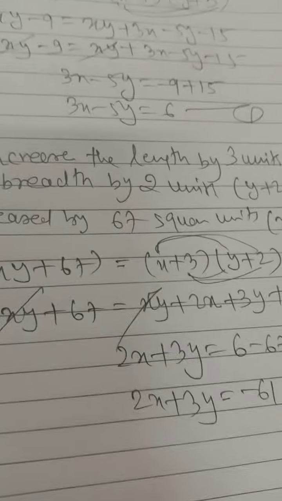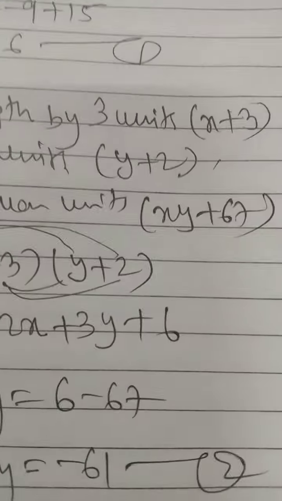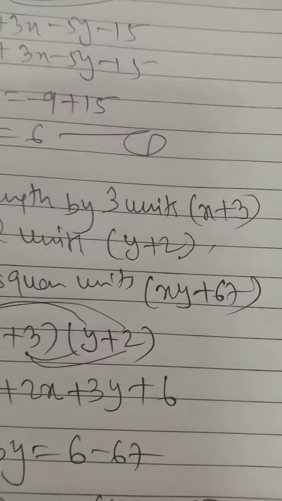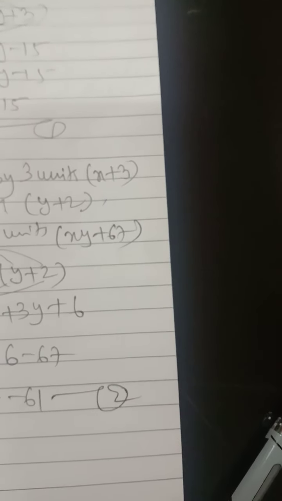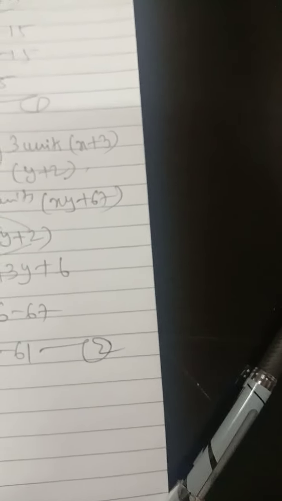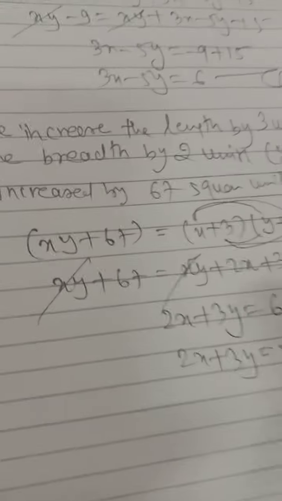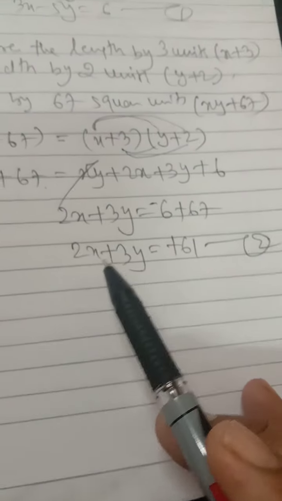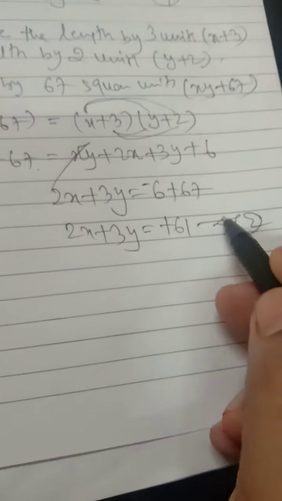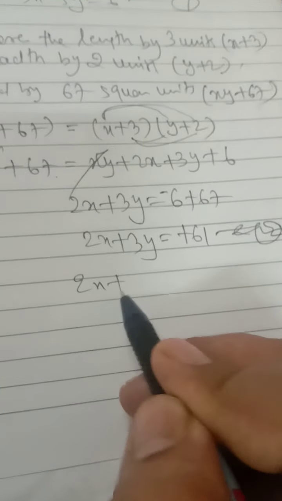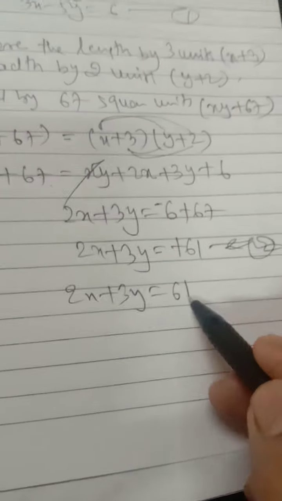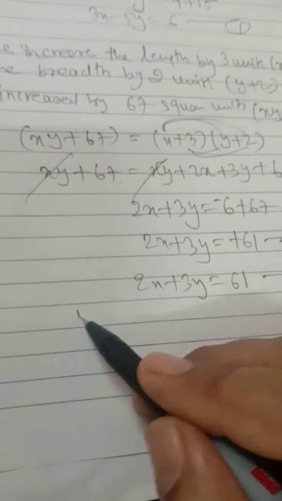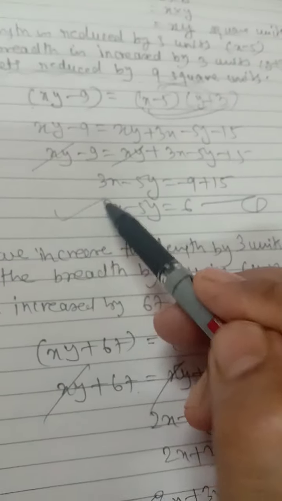Equation number 2. Sorry, here it is minus and plus, it will be plus 61 because I will transfer it here. So 2x plus 3y is equal to 61. Equation number 2.